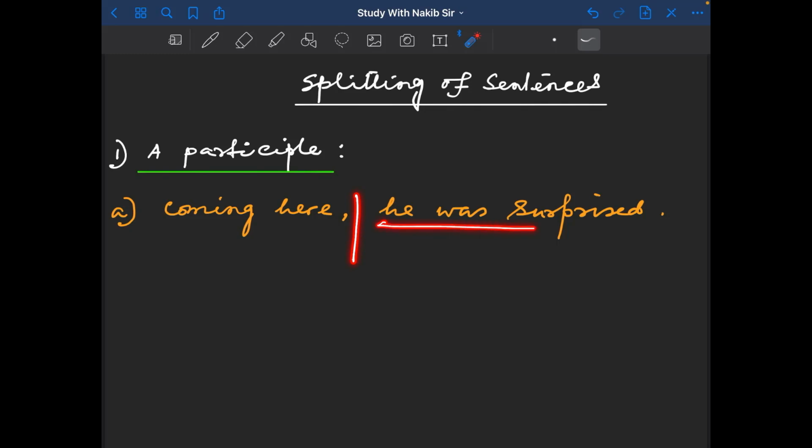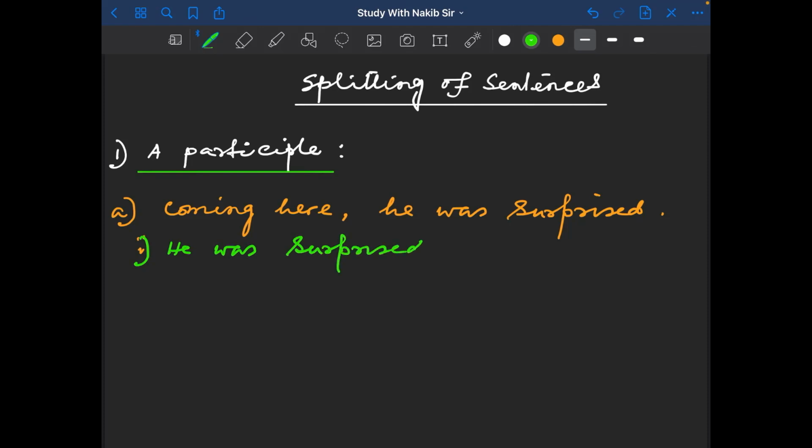You will get he was surprised, one sentence. And for this you have to make another sentence. Now write the sentence first. Number one, he was surprised.